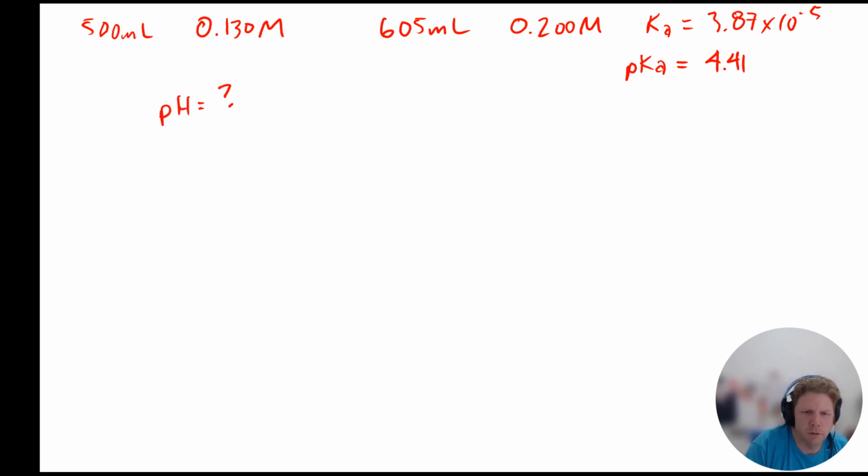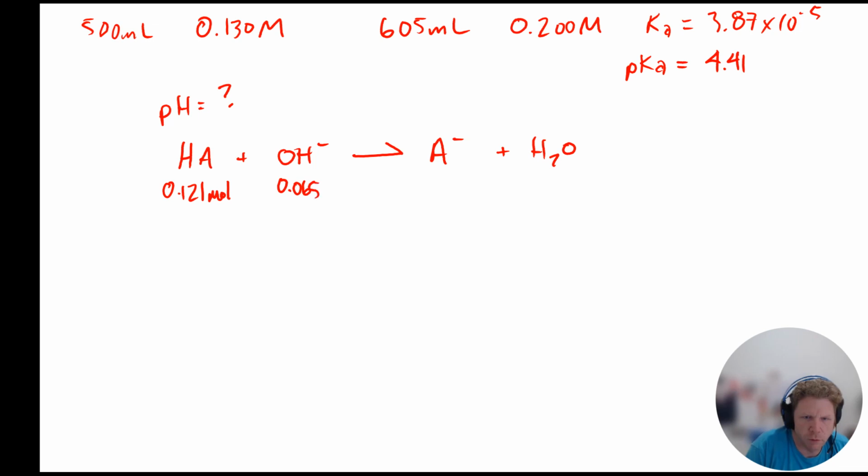So what I'm going to do is set up my problem. HA plus OH minus yields A minus plus H2O. Now, initially what I've got is 0.121 moles of HA, and I also have 0.065 moles of OH.